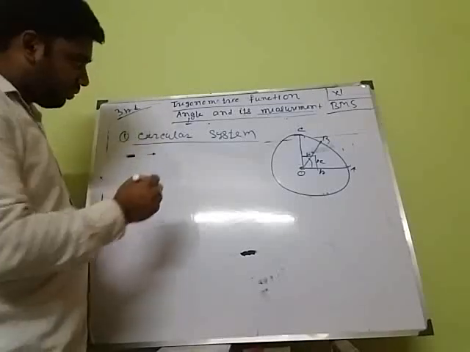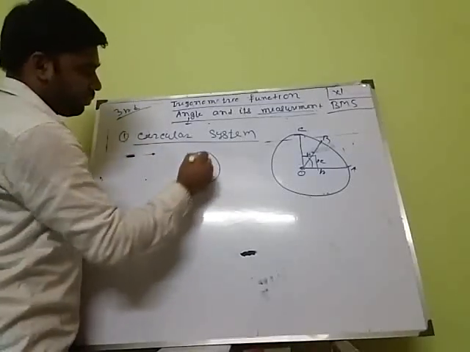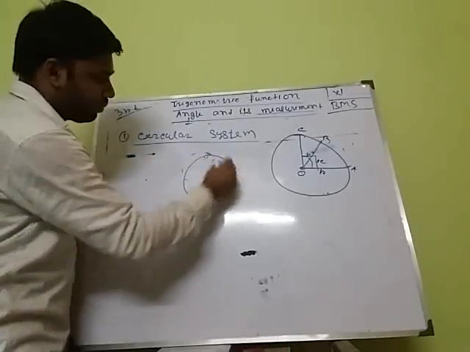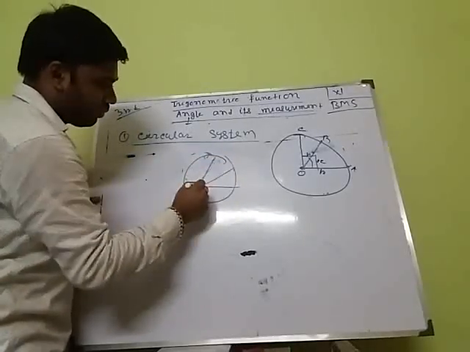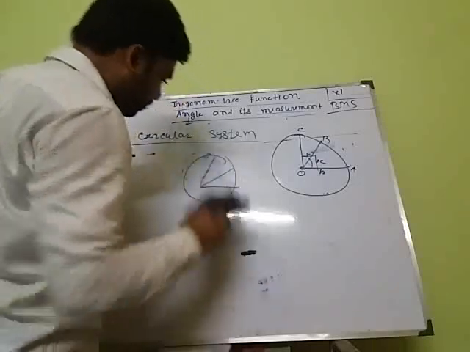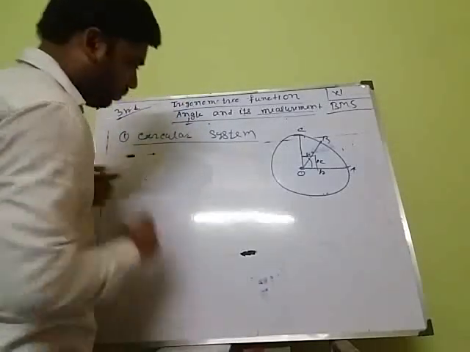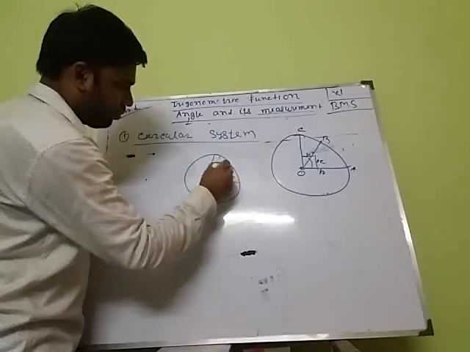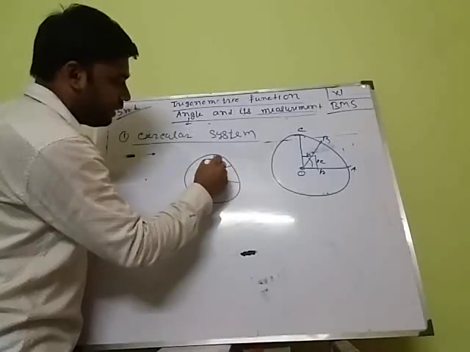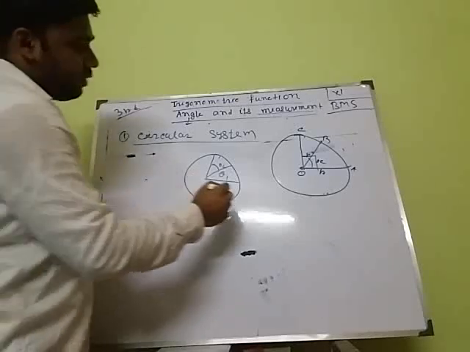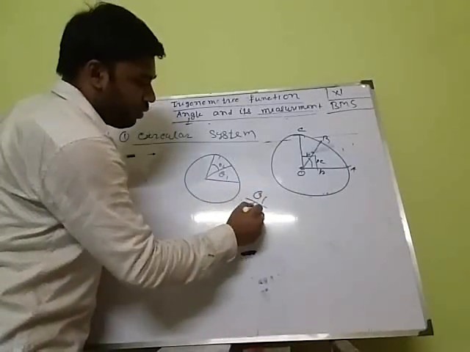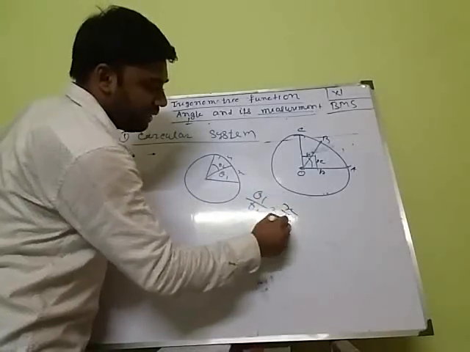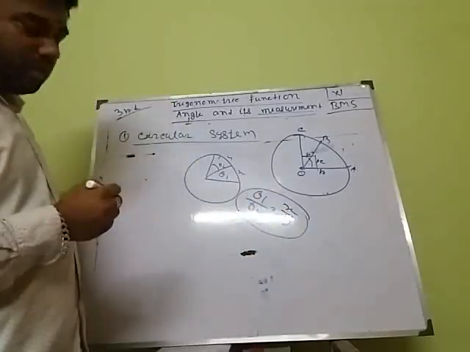It means if two angles, theta 1 and theta 2, are directly proportional, then theta 1 by theta 2 is x by y. That is the law of direct proportion.